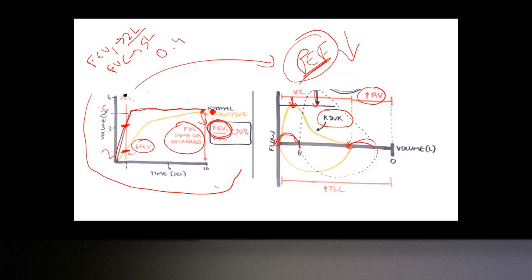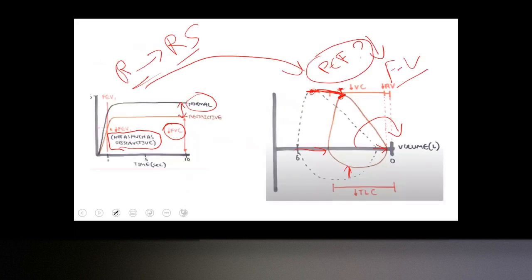It goes down severely from 5 to 2 liters. In restrictive, the FEV doesn't change so much, but the forced vital capacity drops a lot, right? So based on this, we should be able to draw the graphs.